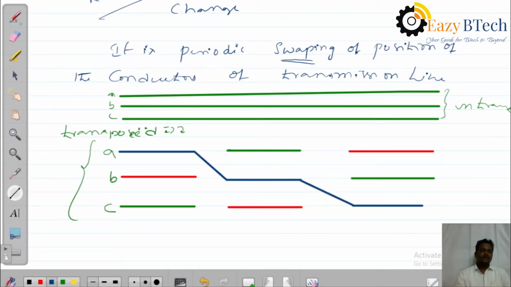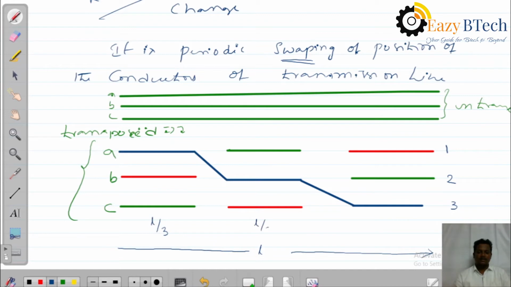Assume that this is position 1, position 2, position 3 in all the cases. The total length is L, divided into three parts, each of length L by 3. Assume this is the first interval, this is the second interval, this is the third interval.